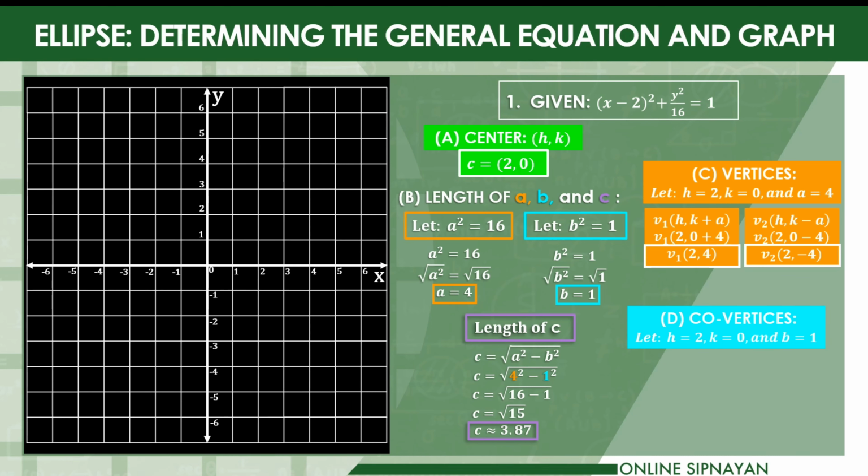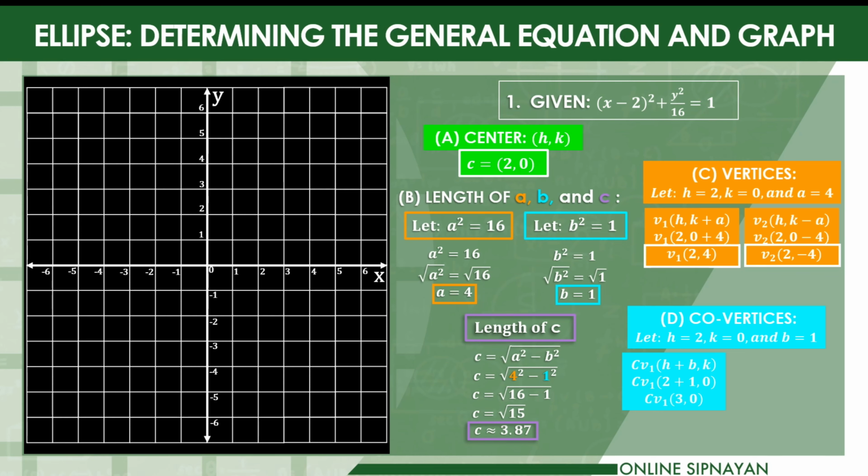Same with the co-vertices, you may visit summary table case number 4. So we're going to let h is equal to 2, k is equal to 0, and b is equal to 1. So co-vertex 1 is at h plus b, k. Substitute the values. We have 2 plus 1, 0.